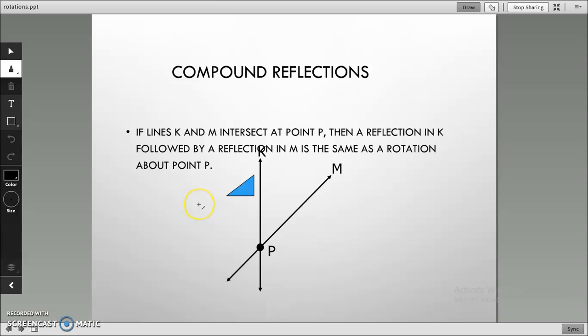If I say rotate it, let's say, 90 degrees about point P, that is a reflection followed by a reflection about M. Again, I can combine those reflections together.